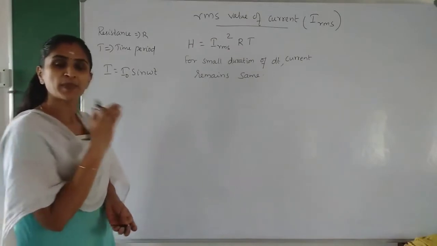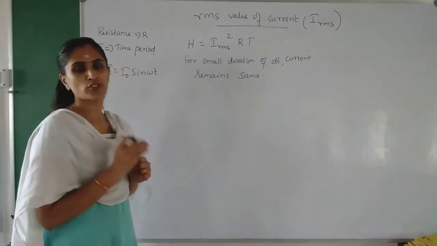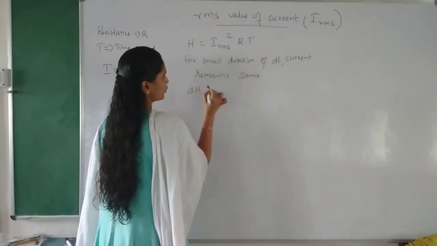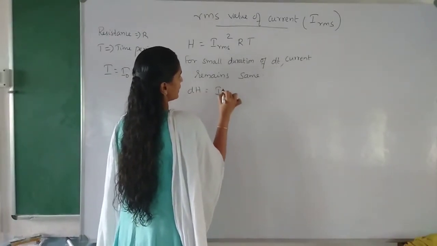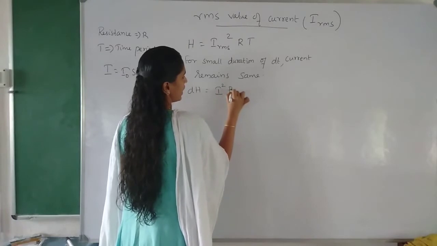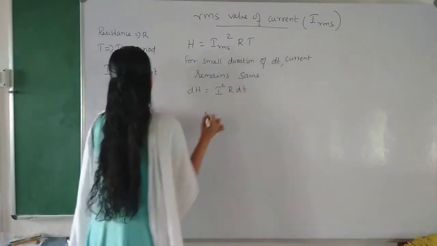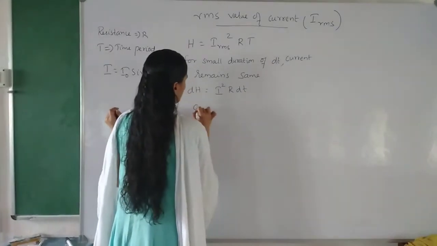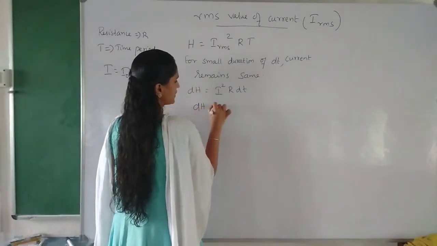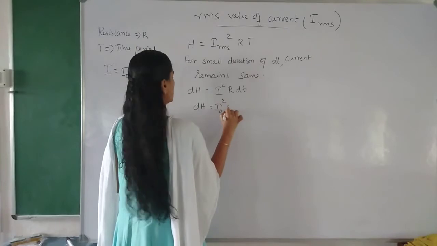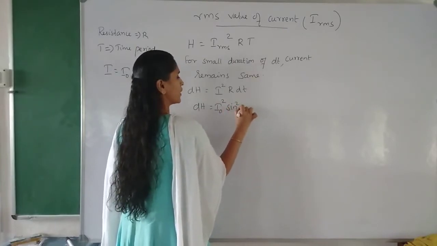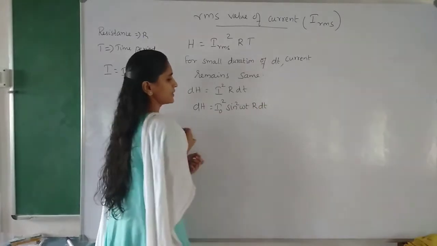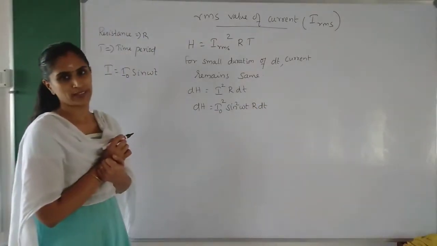And what is the expression for the heat energy produced for that small duration of dt? We can write dH is equal to I square R into dt, and I square can be written as I0 square sin square omega t R. This is the small amount of heat energy.